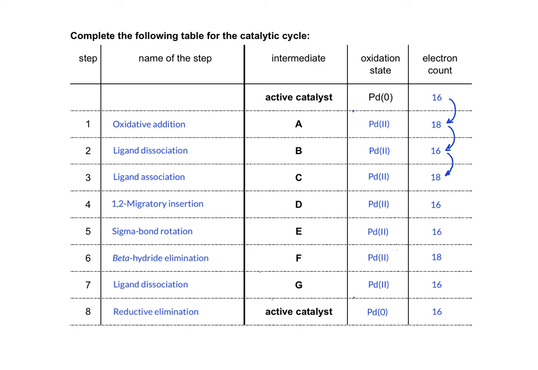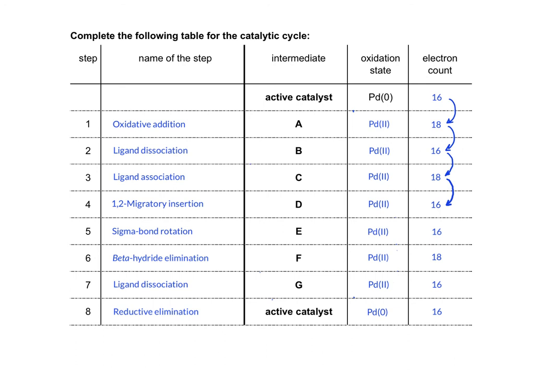Migratory insertion, in which a charged plus a neutral ligand form a single 2-electron ligand that is charged, gives a 16 electron count. There's no change in oxidation state or electron count for a bond rotation.